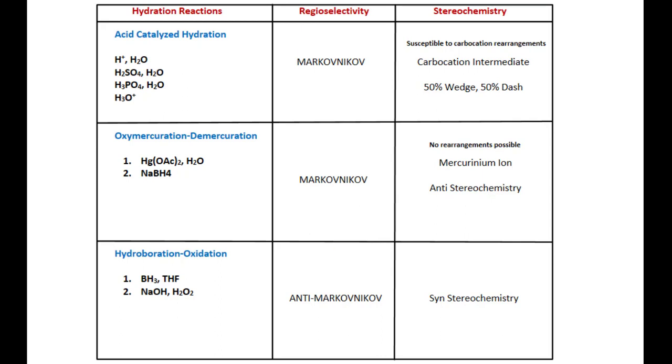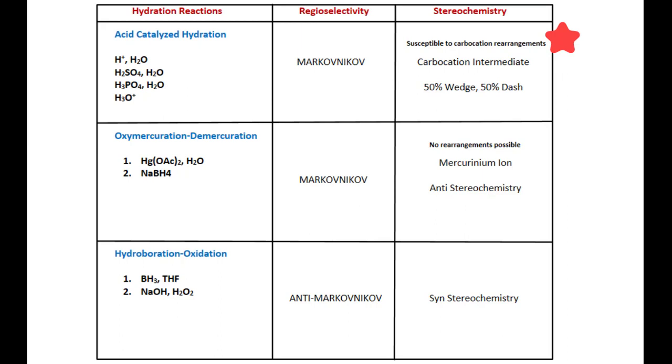With that said, then you might wonder, well, if oxymercuration-demercuration and acid-catalyzed hydration both add the OH to the more substituted carbon, why would I ever use one over the other? And the difference comes in understanding the intermediate. Remember, acid-catalyzed hydration has a carbocation intermediate, meaning it is susceptible to carbocation rearrangements.